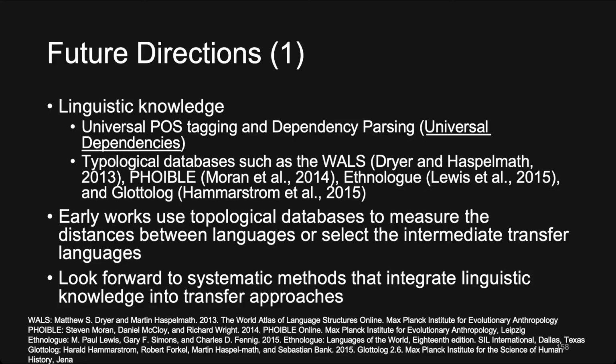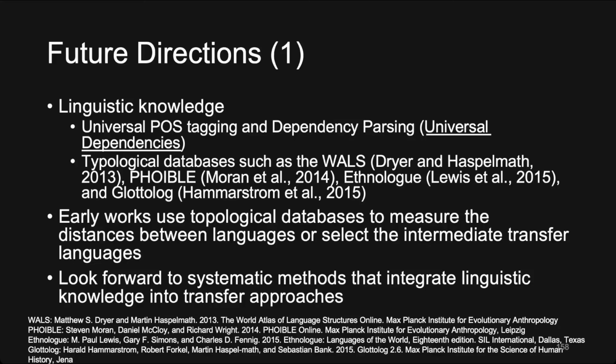First, in language scaling, how we can systematically integrate more linguistic knowledge into language scaling is an important issue. We know that languages are very different in morphology, syntax, and semantics. Therefore, the essential problem for language scaling is to bridge the gap between languages in all these linguistic features.